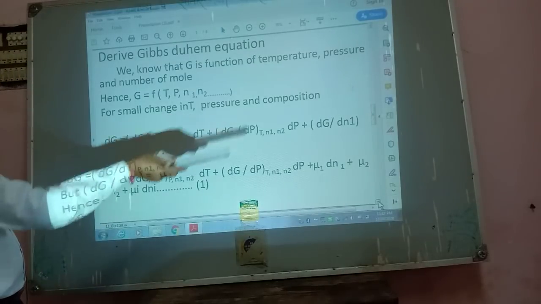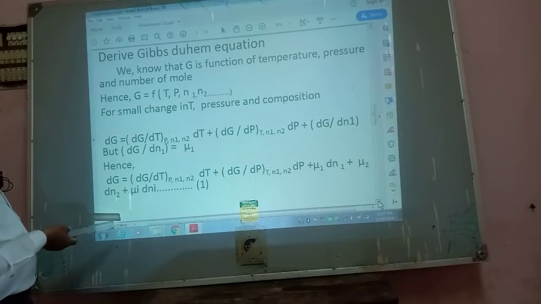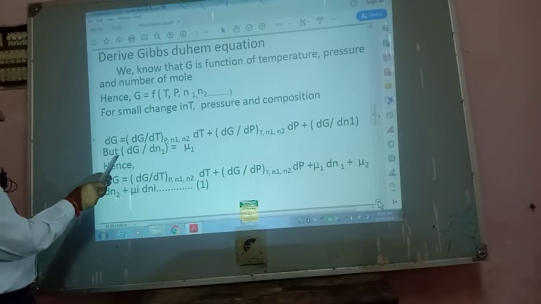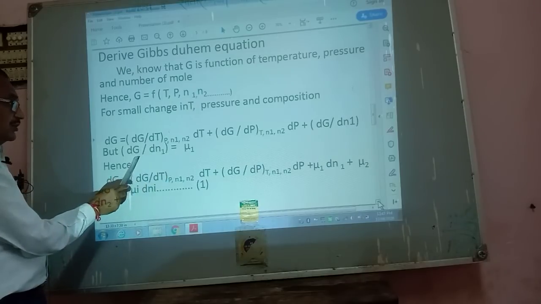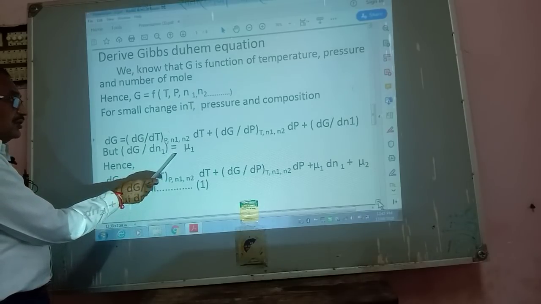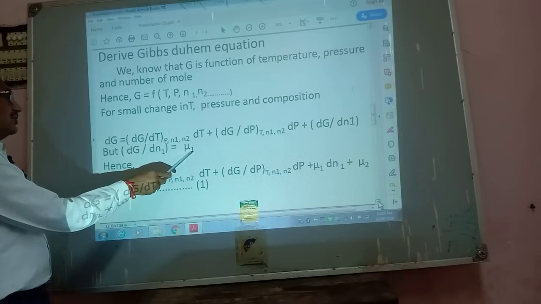this is the change in free energy with respect to the first component. Here temperature, pressure, and other factors remain constant, and we also know that dG upon dn1 is equal to mu1, because mu1 is nothing but the partial molar free energy, or chemical potential.